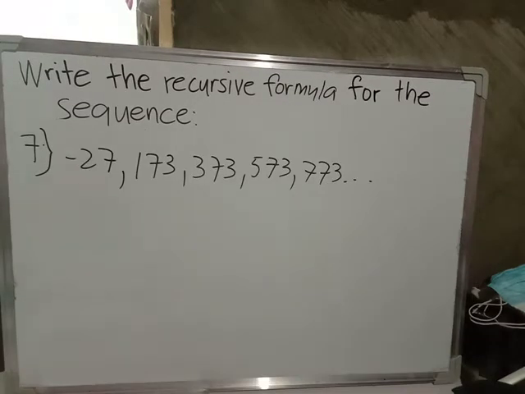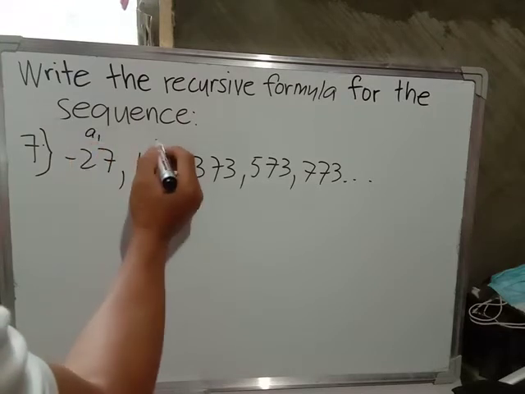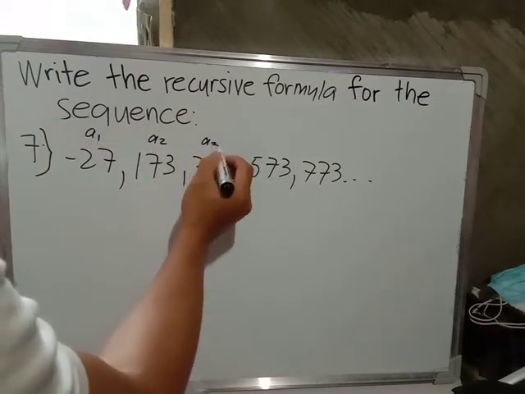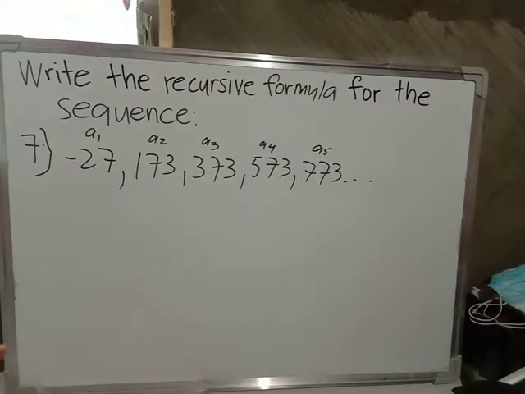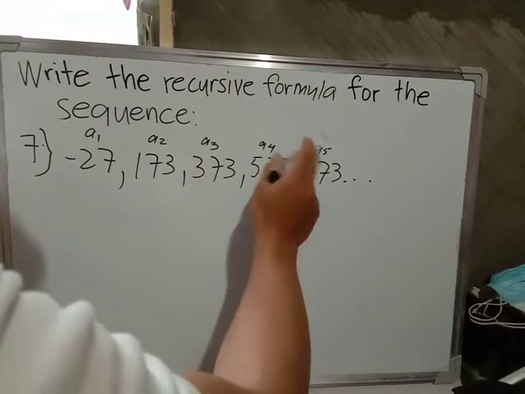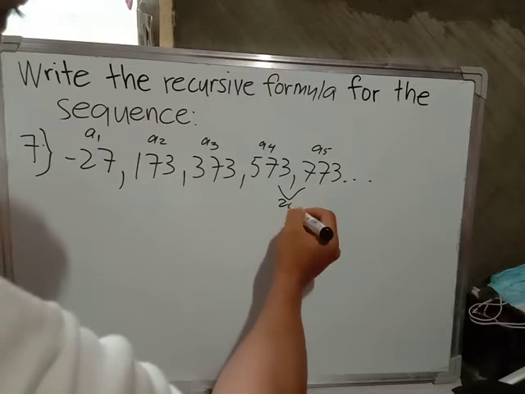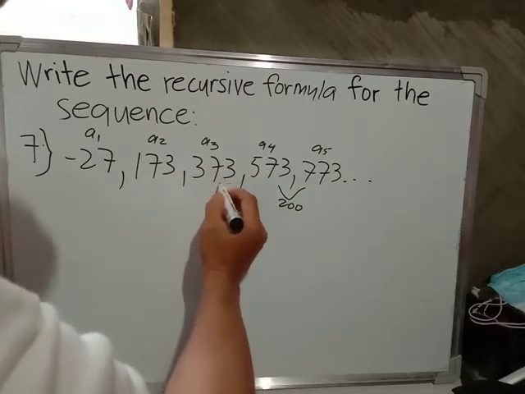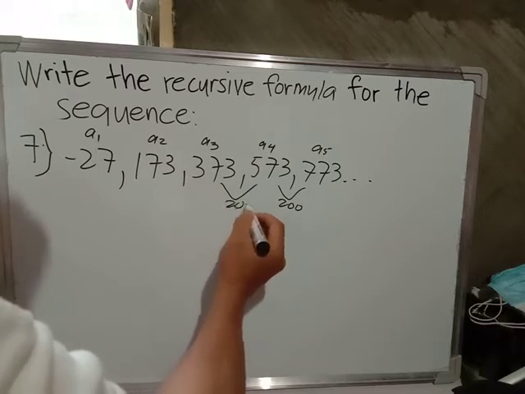Okay, example number 7, negative 27, 173, 373, 573, 773. So, E1, E2, E3, E4, and E5. Kahit tingnan na lang natin, 773 minus 573 is 200, diba? Likewise, po sa E3 and E4, 573 minus 373, 200 pa din.